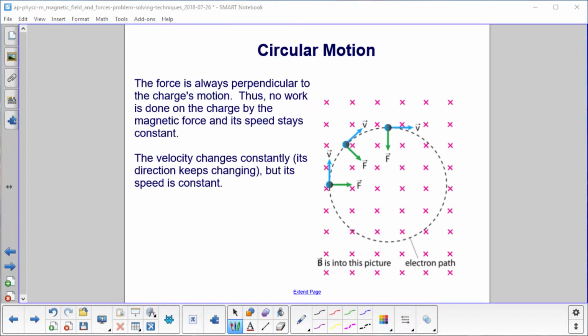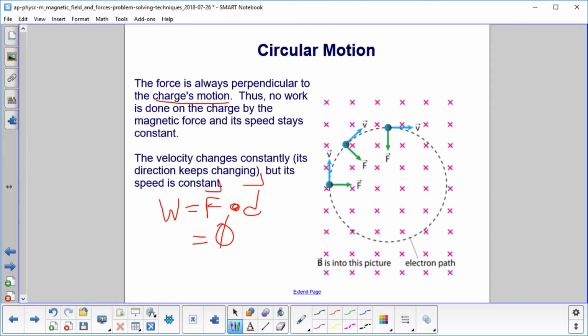Since the force is always perpendicular to the charge's velocity, it's also perpendicular to the charge's motion. Thus, since work, what's that equal to? That's equal to force dot displacement. Since the force is always perpendicular to the displacement, the work will be zero.